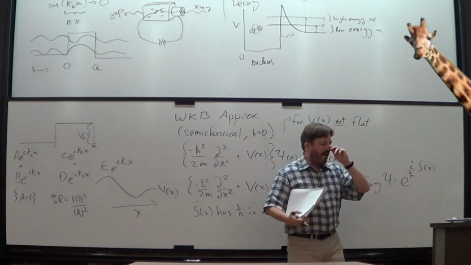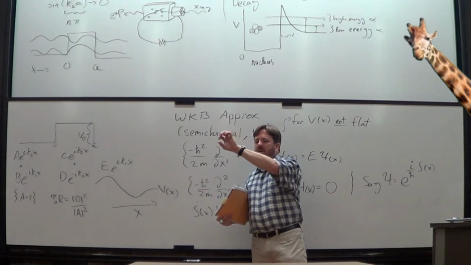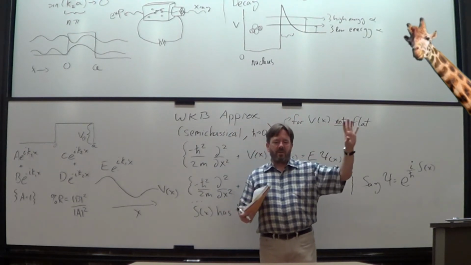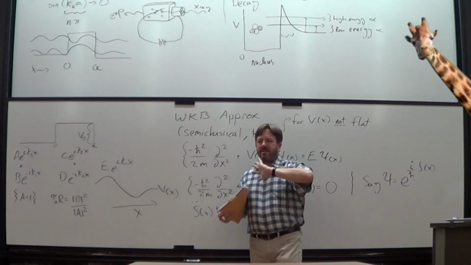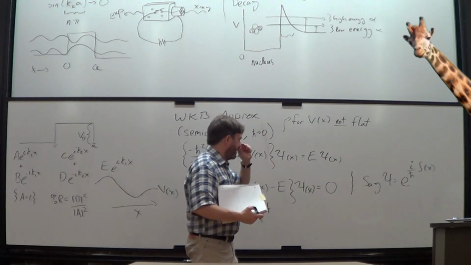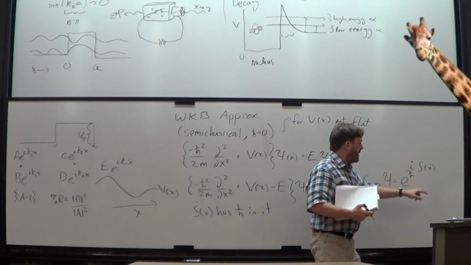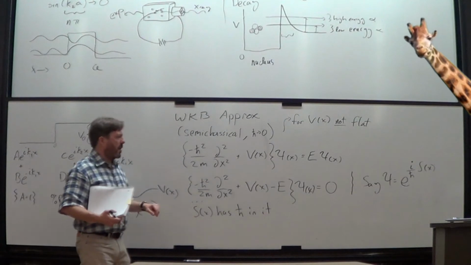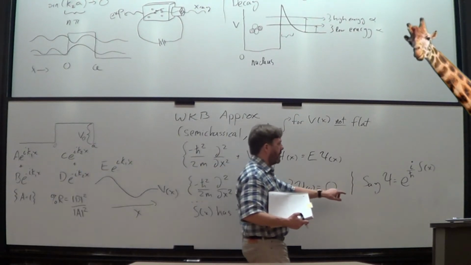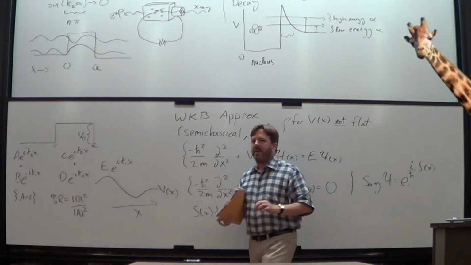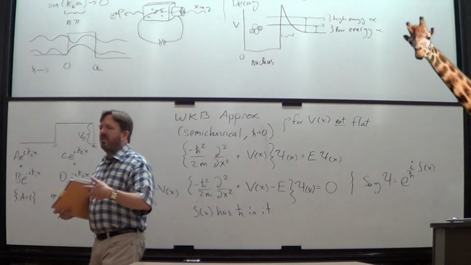You can't have an expression that's no units plus units squared plus units cubed. That is absolute nonsense. So that means this function, S of x, has to have an h bar in it to cancel out the h bar here.